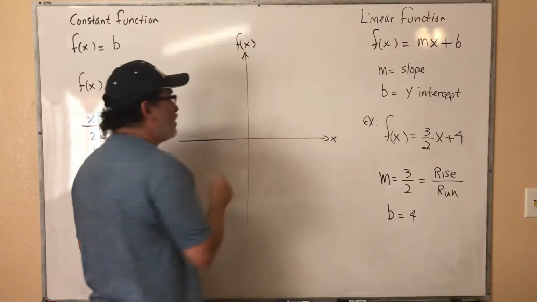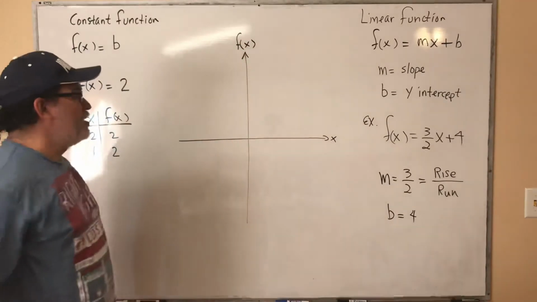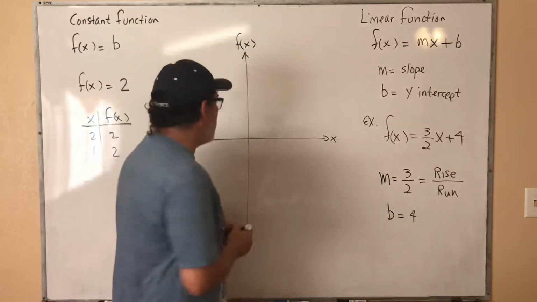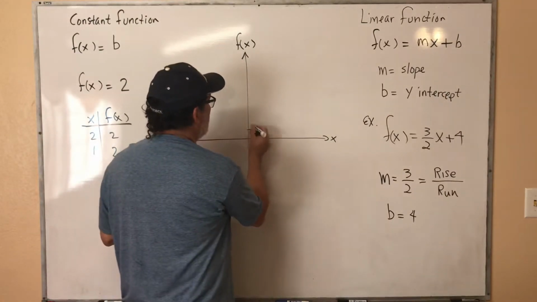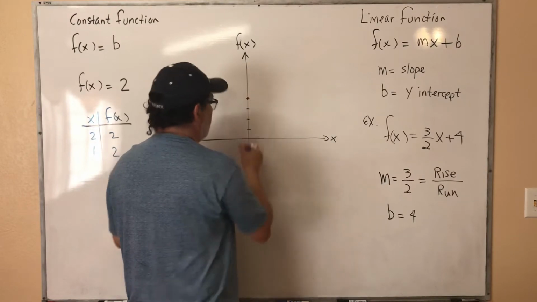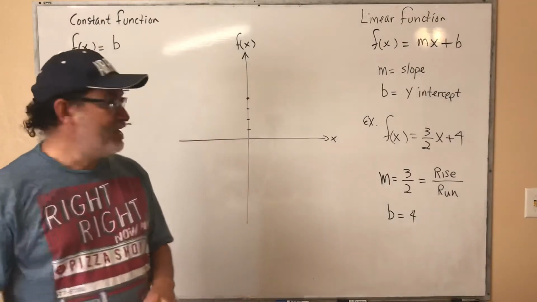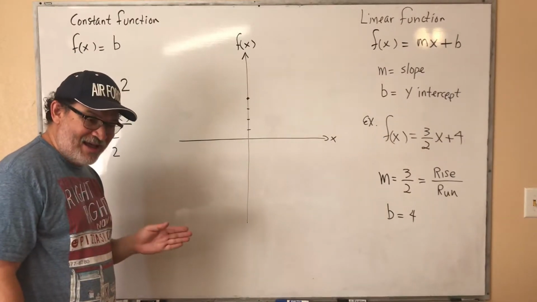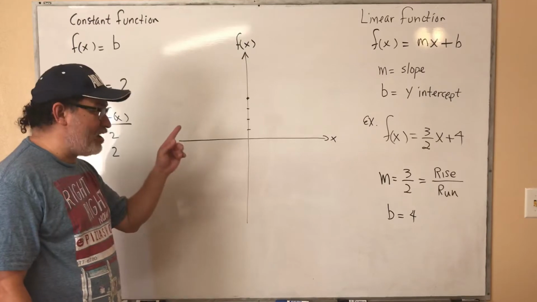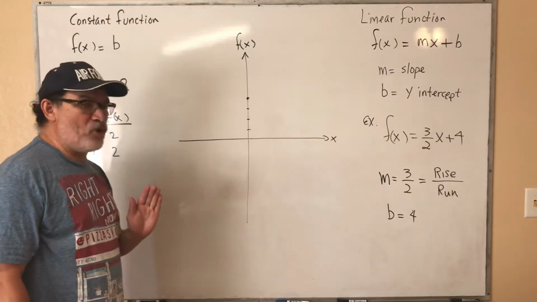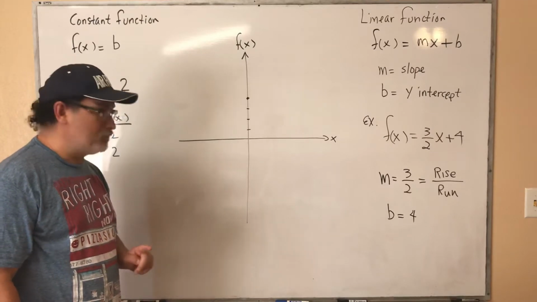So this is f of x. Okay. And so now I'm going to go to the y-intercept, which is 4. So 1, 2, 3, and 4 right there. Okay. And then I'm going to rise 3 from the y-intercept, and I'm going to run 2.